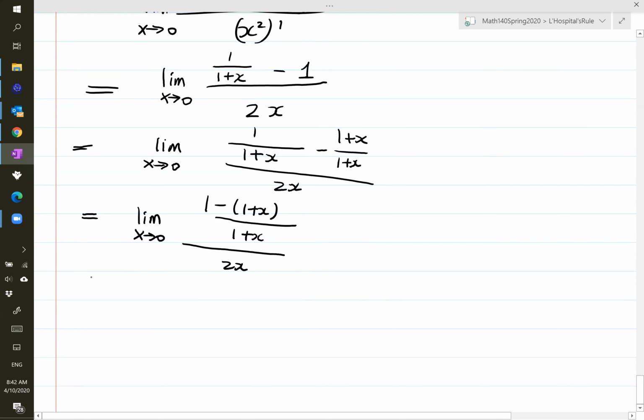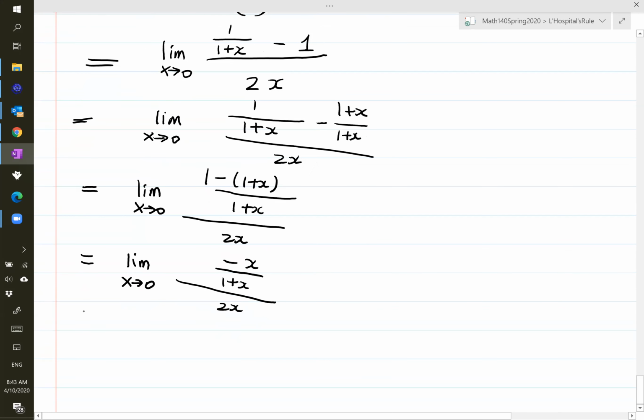Okay, so what do you finally get? This is the limit as x goes to 0 of negative x over 1 plus x divided by twice x. Then x cancels x, using algebra, so you get negative 1 over 1 plus x multiplied by 2.